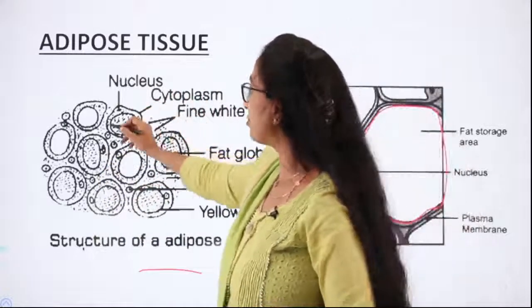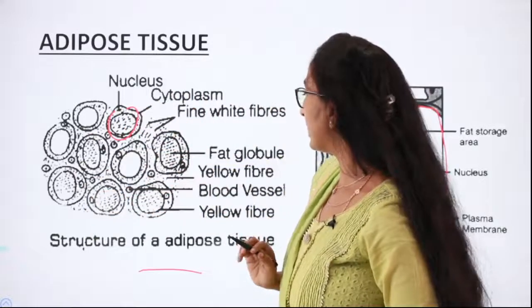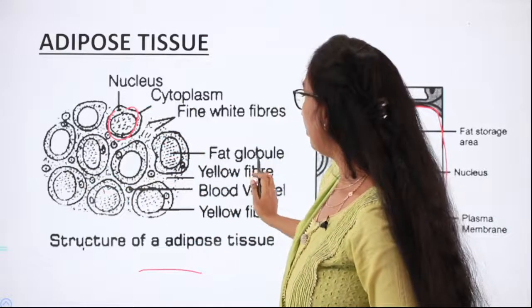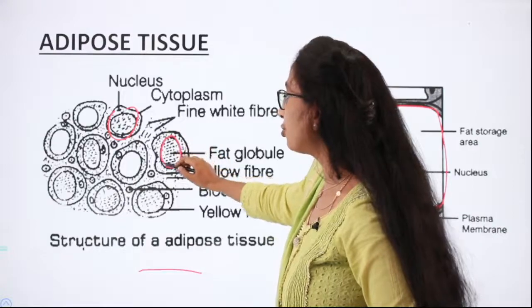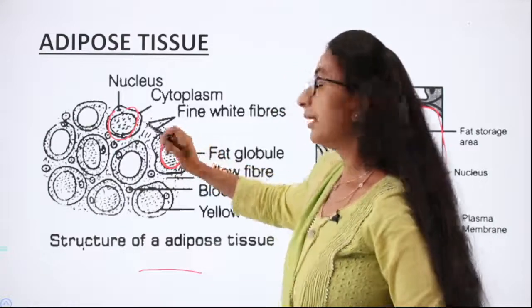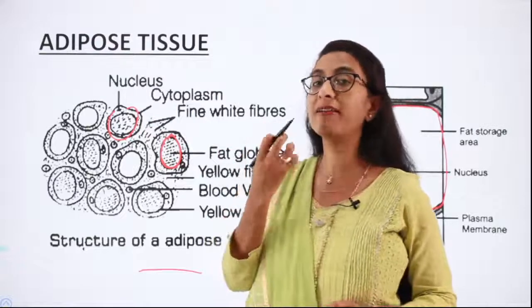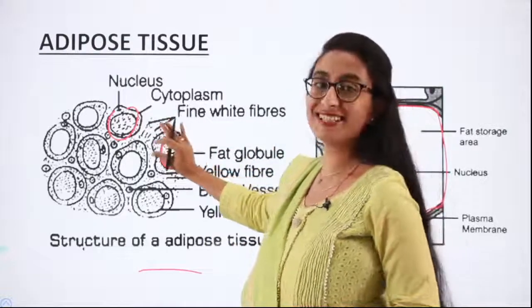These are individual cells in a matrix, and here also you can find fibers. Then you can find the fat globule. Inside the cell you will have a huge vacuole or globule in which the unused nutrients derived from the food will be stored.